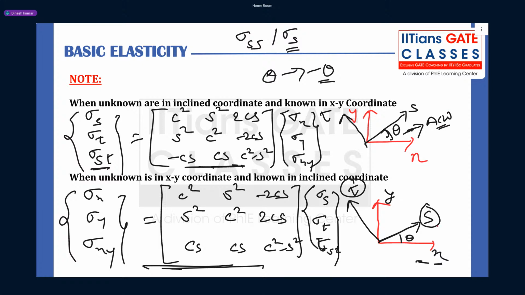Now in this case, with respect to the given quantity, this angle is clockwise. That means we have substituted minus theta in this matrix. Everybody, is it clear what I am talking? Yes or no? Is it clear? Yes, sir. Okay, so these are your transformation matrices.